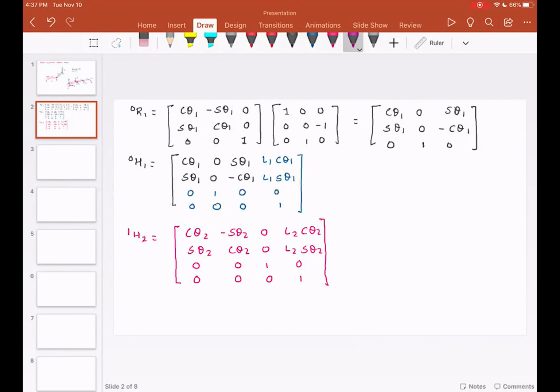And last but not least, 2H3 is cosine theta 3, minus sine theta 3, 0, L3 cosine theta 3, sine theta 3, cosine theta 3, 0, L3 sine theta 3, 0, 0, 1, 0, 0, 0, 0, 1.